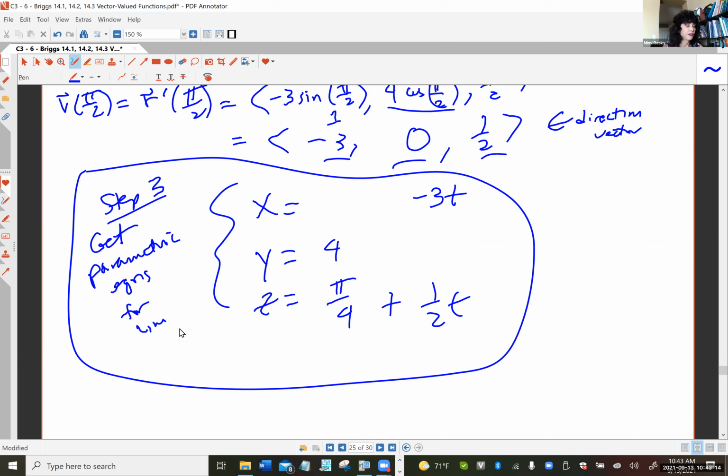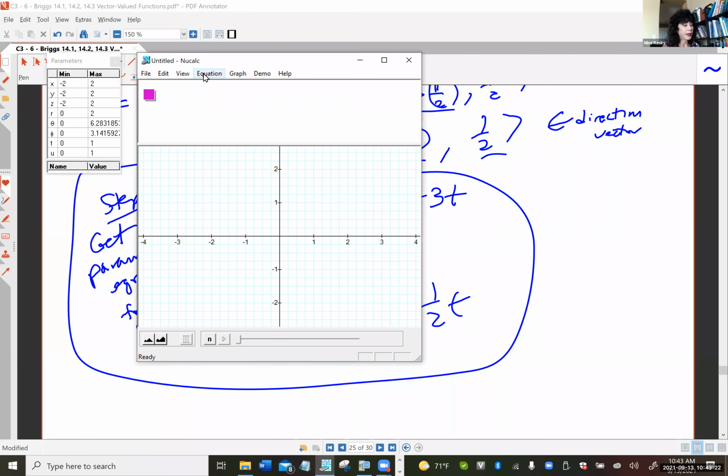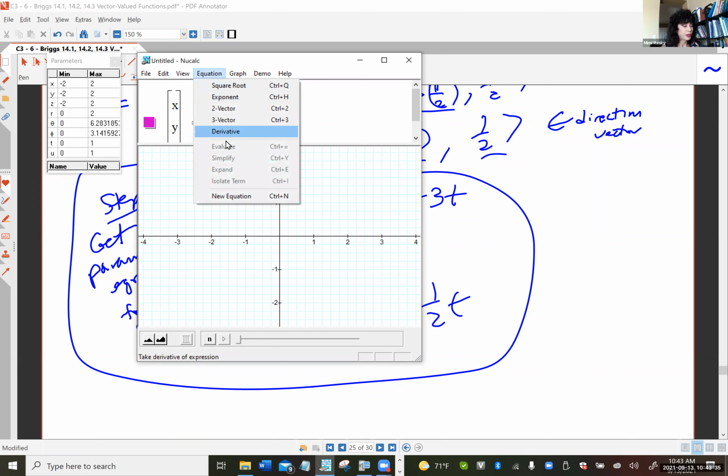This is a classic problem. I wanted to see if I can use my software.